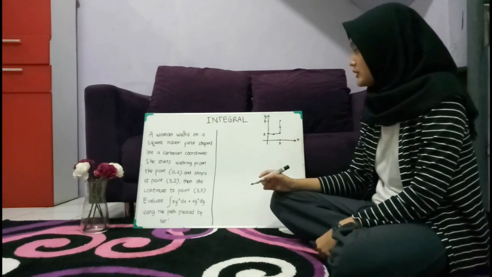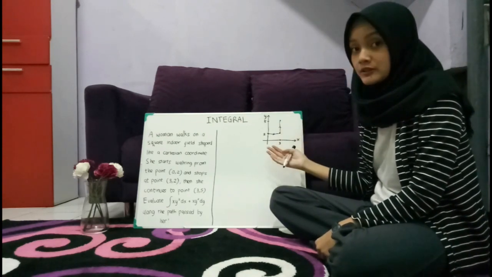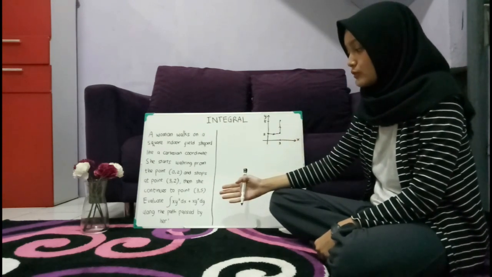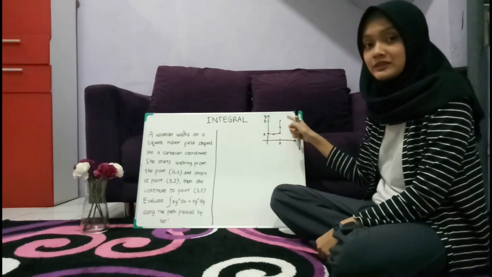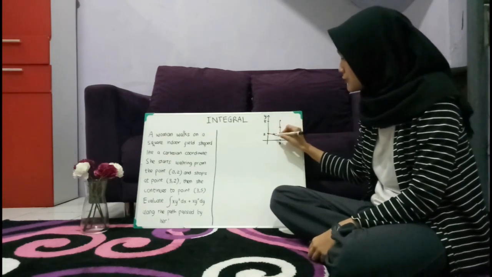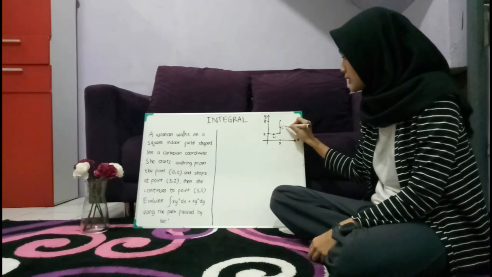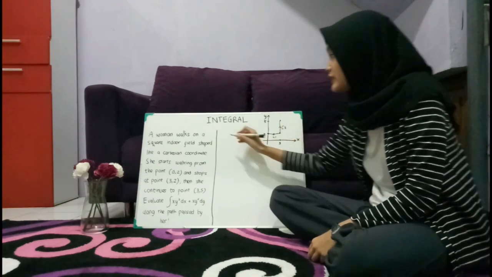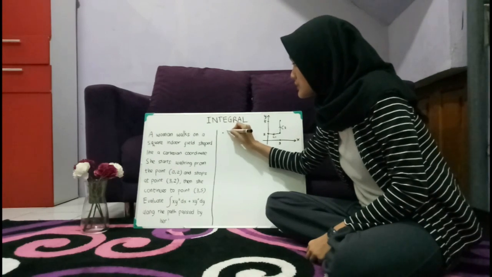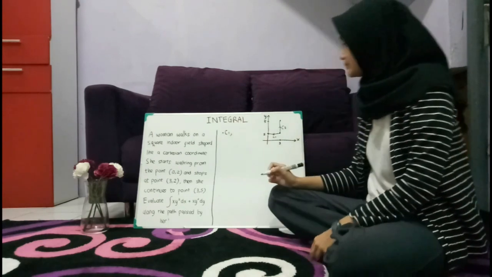To make it easier to solve the integral, we divide the path into two partitions. The first one we call C1, and the second one we call C2. We start from C1.